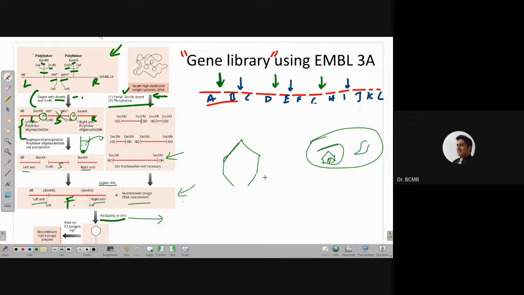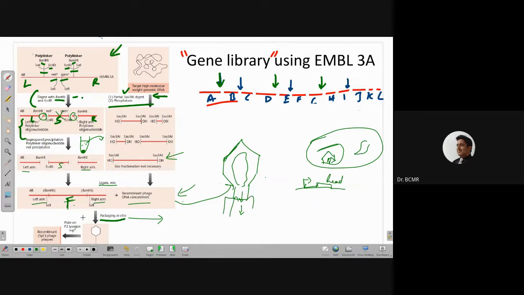They synthesize the head particles and add components in a certain order so that they form phages. They use helper phage, which has the genes overexpressed for head particles and so on. Then they make the head, and this DNA is packaged. Then they add the neck and tail regions so that virulent phages are formed.